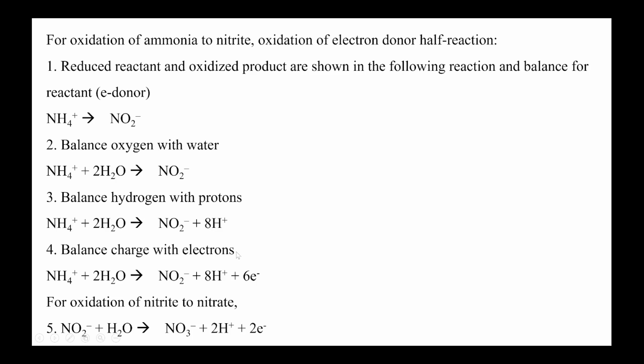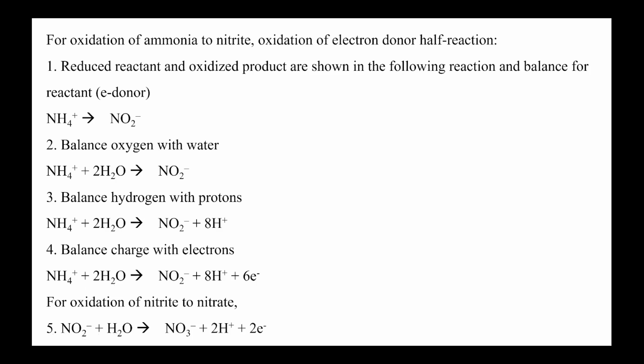So if you add 6 electrons on the right hand side, this will also be plus 1. This is minus 6, this is minus 1, so minus 7 plus 8 means plus 1, and here also plus 1. That means this reaction requires 6 electrons for ammonium to get oxidized into nitrite. This is just the first step of nitrification.